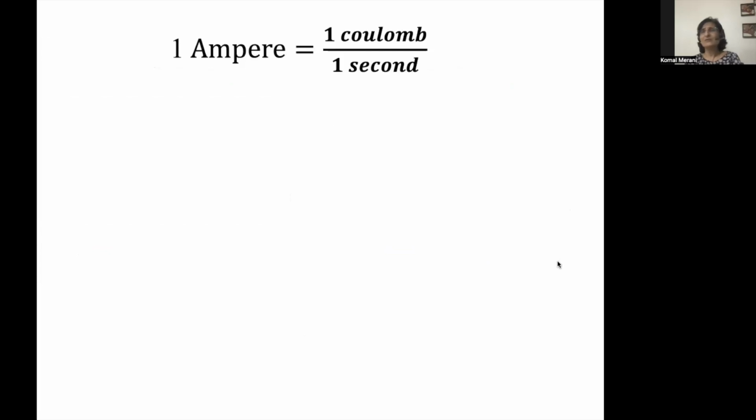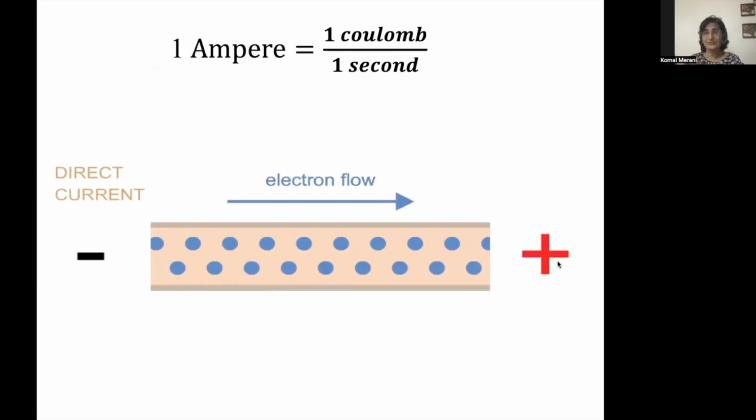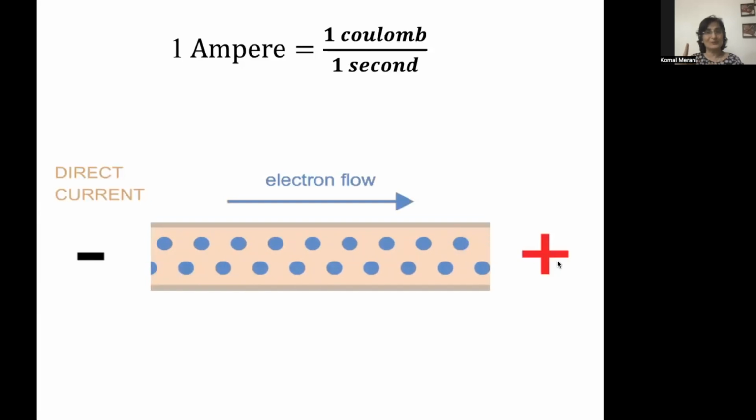So let's understand what is 1 ampere. When we say ampere is the SI unit of current, how much is 1 ampere? I should be able to visualize it. Okay, 1 ampere is 1 coulomb per second. But how many electrons together have a charge of 1 coulomb?